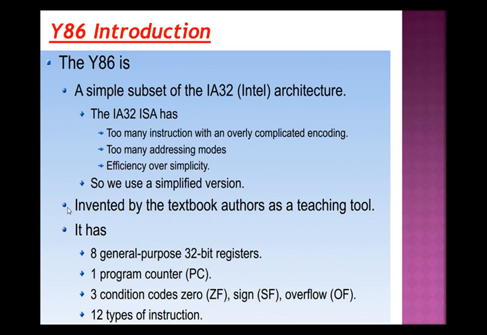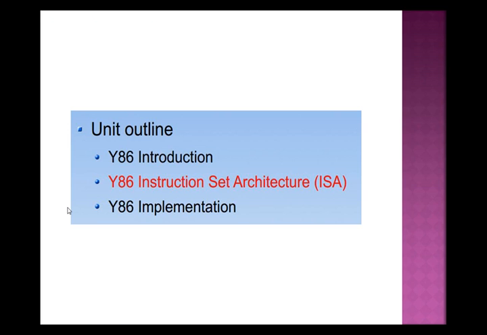There are 3 condition codes also, that is sign flag, zero flag and the overflow flag. There are 12 types of instructions. So this is Y86. Introduction is just simple because I have already discussed about the Y86 in detail. So it contains 8 general purpose 32-bit registers, 1 PC, 3 condition codes, 12 types of instructions.